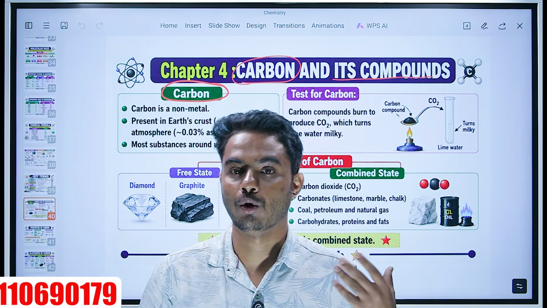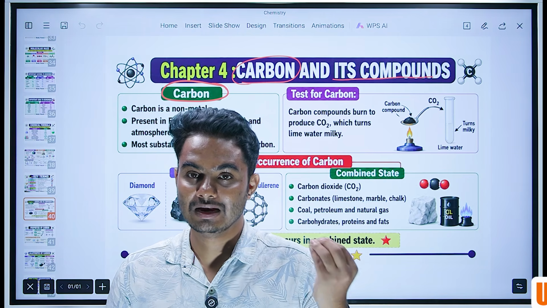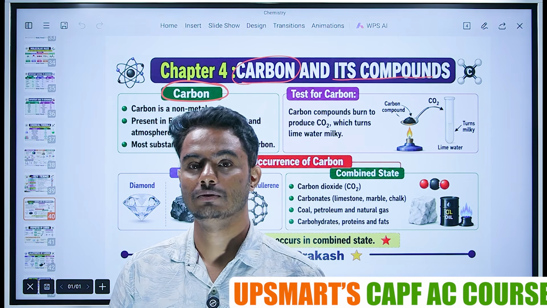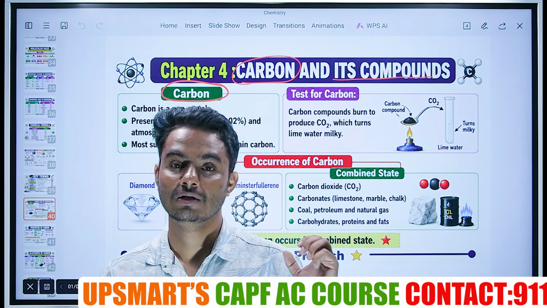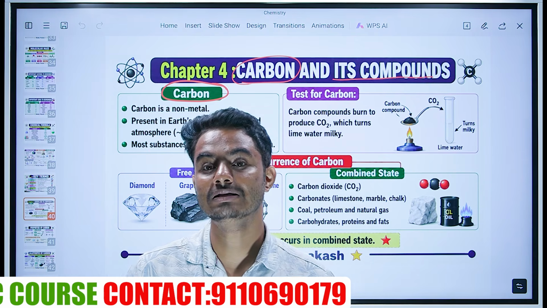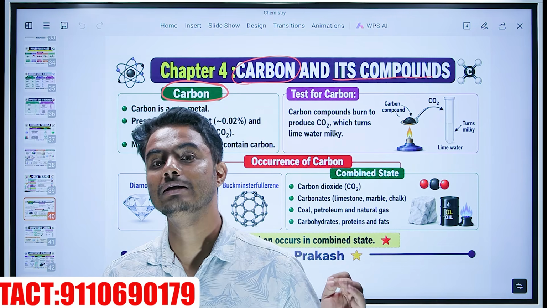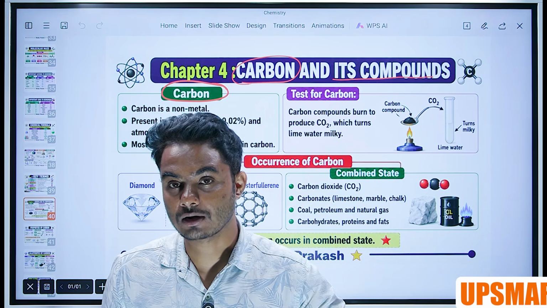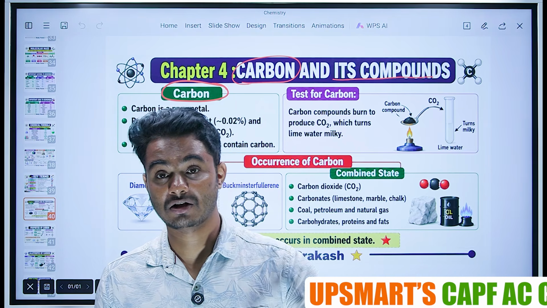Whatever elements or bodies which have carbon in them are called organic compounds. The compounds which have carbon in them are called organic compounds. The compounds which don't have carbon in them are called inorganic compounds. Usually we confuse organic and inorganic with natural and synthetic compounds.